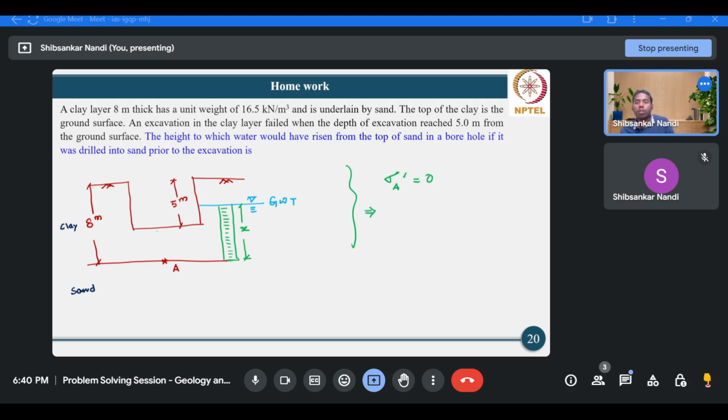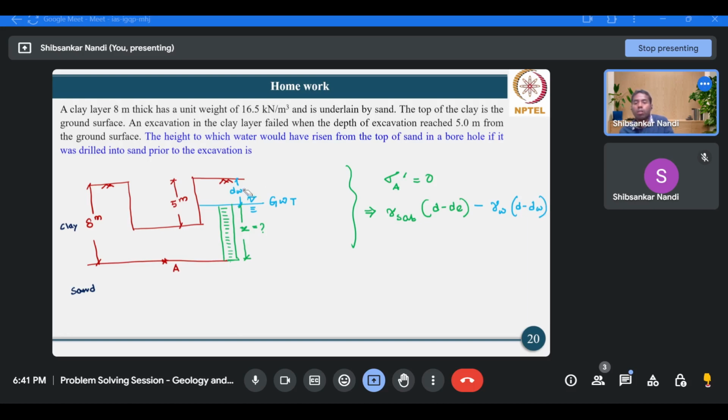So this will be the total thickness minus the depth of excavation multiplied by gamma sat, that is gamma sat into (d minus de), minus gamma w into (d minus dw).